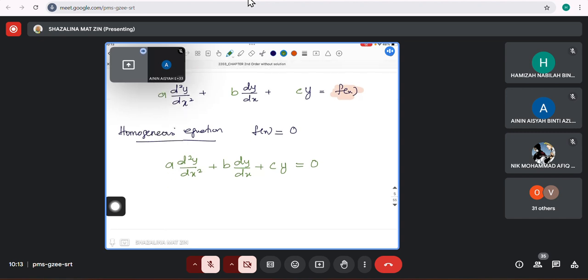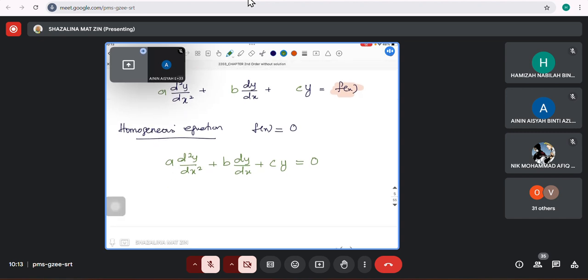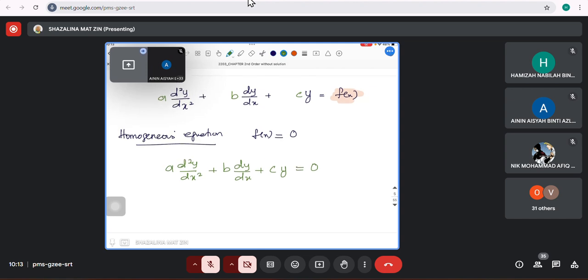Then another one is non-homogeneous equation. Okay, non-homogeneous macam mana pula? Okay, non-homogeneous equation is when f(x) is not equal to 0. f(x) not equal to 0 means there is a function f(x) here. So equation dia macam mana?